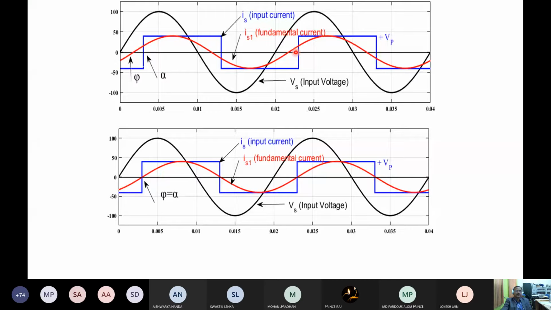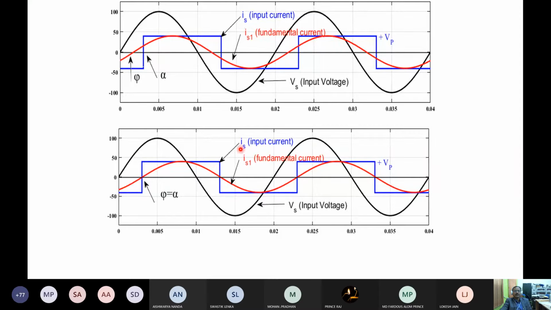Let's take the example. This fundamental is lagging the fundamental source voltage by some angle phi. So by controlling alpha, we can control phi. That is why it is a phase control rectifier. In the full control rectifier, the zero of the sinusoid coincides with the zero of the source voltage.